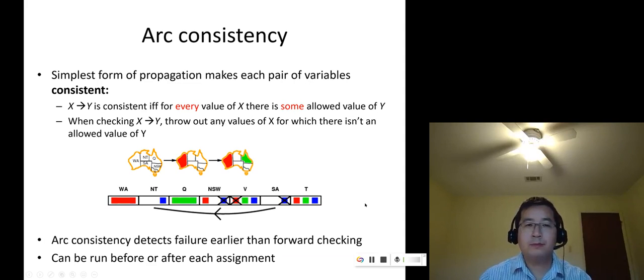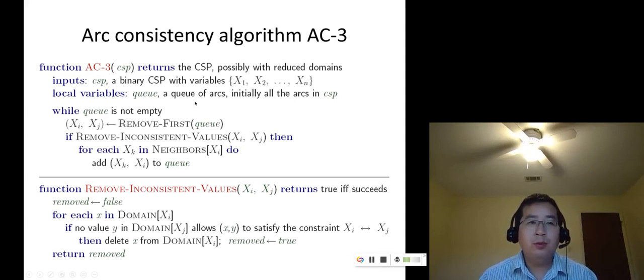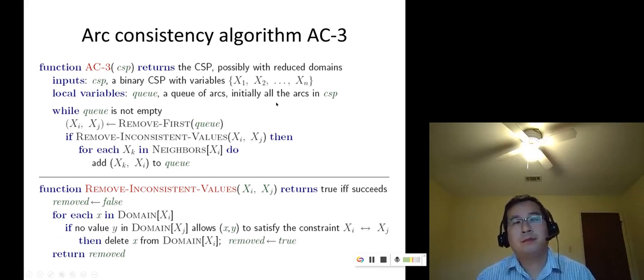Okay, and then the input is a CSP, which is a binary CSP with variables x1, x2, up to xn. Why we call it a binary CSP means whether we binary CSP.